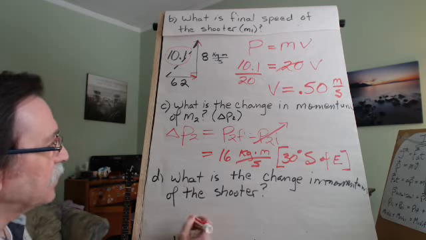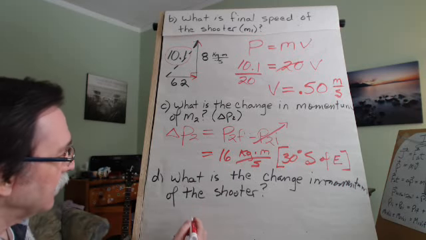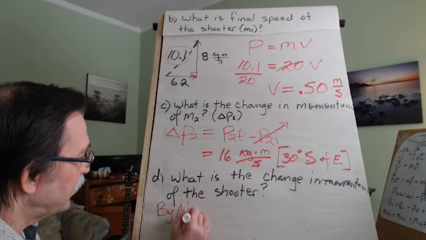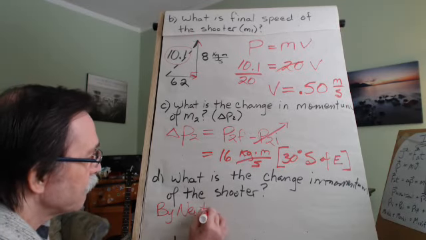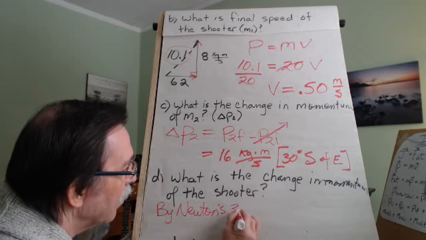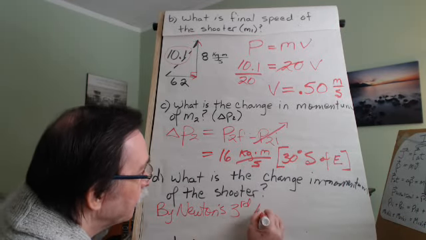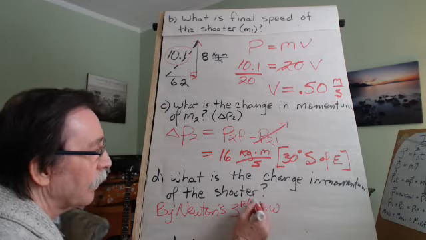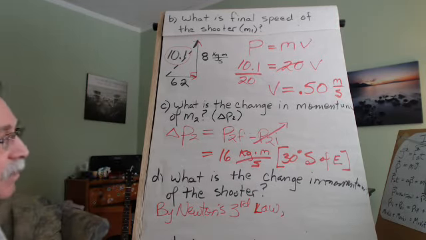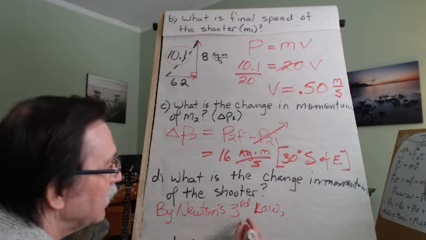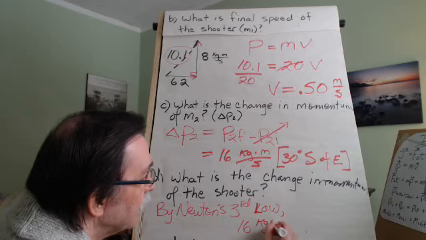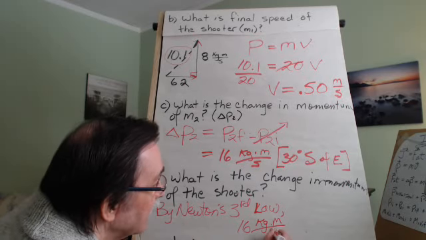Well, the opposite of this value is, by Newton's third law, going to be 16 kilogram meters per second.